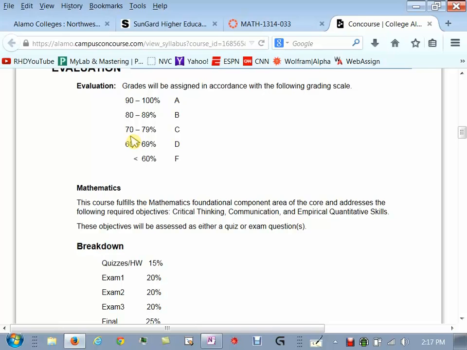So is there anyone who needs pre-cal? You're an engineering major? Yes? Okay. Really? Then you have to take 1414, not 1314.